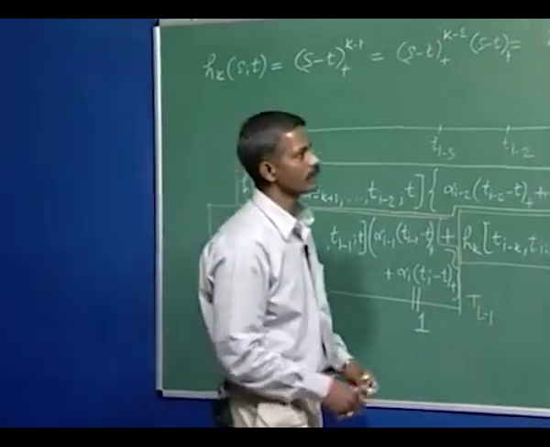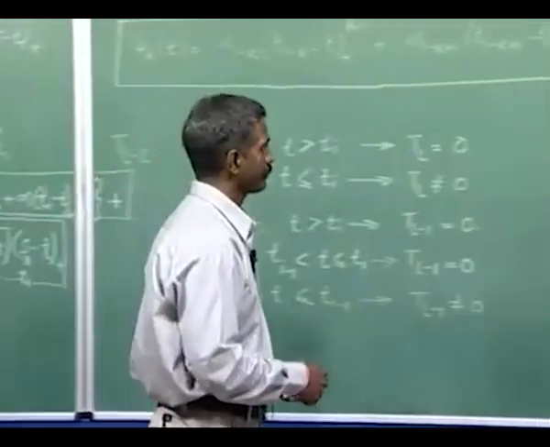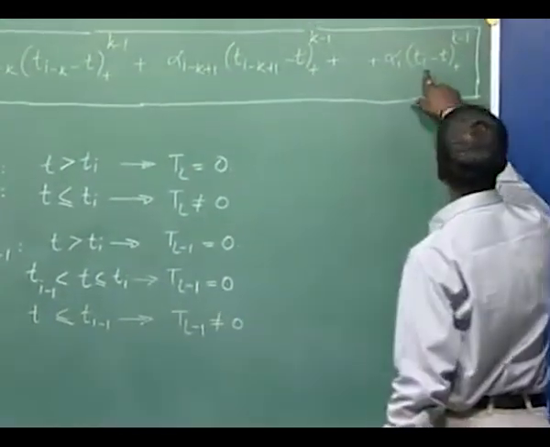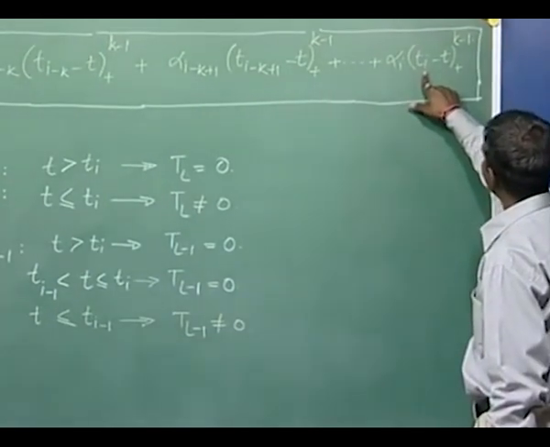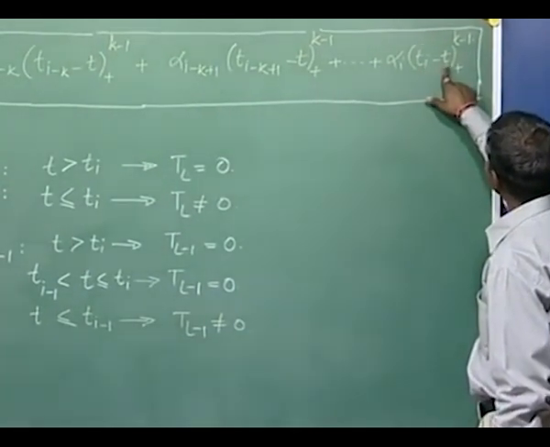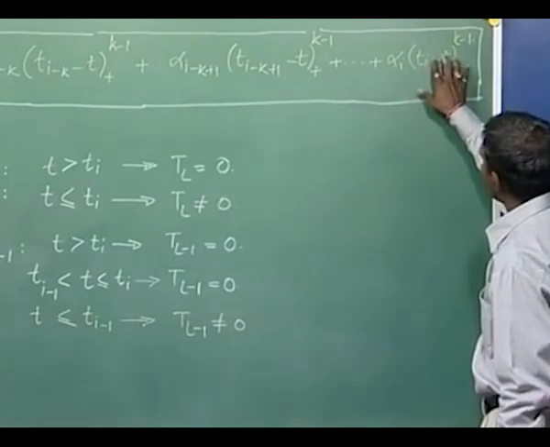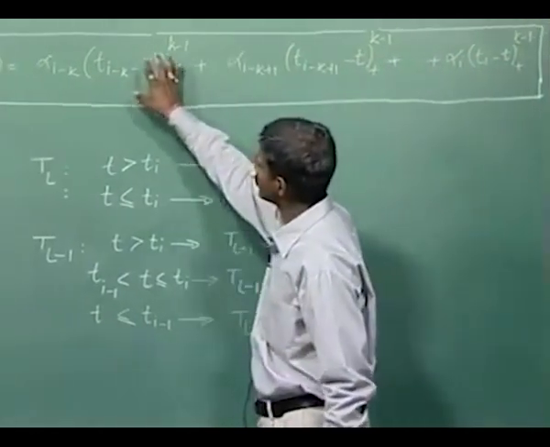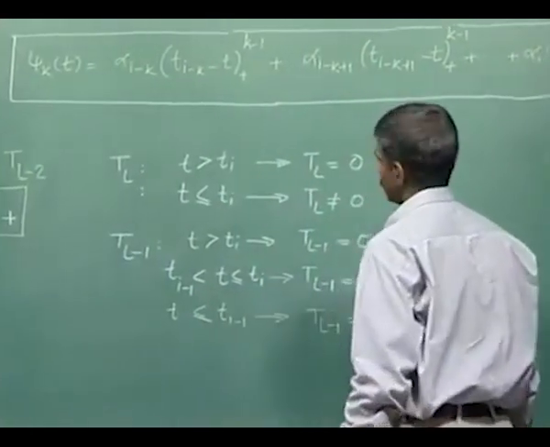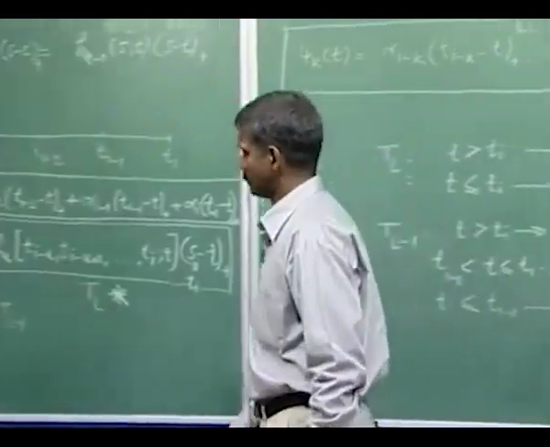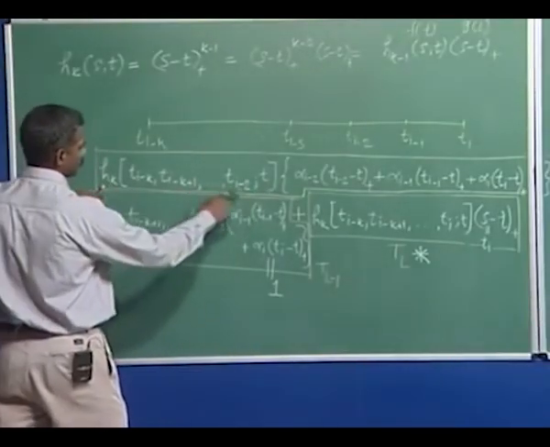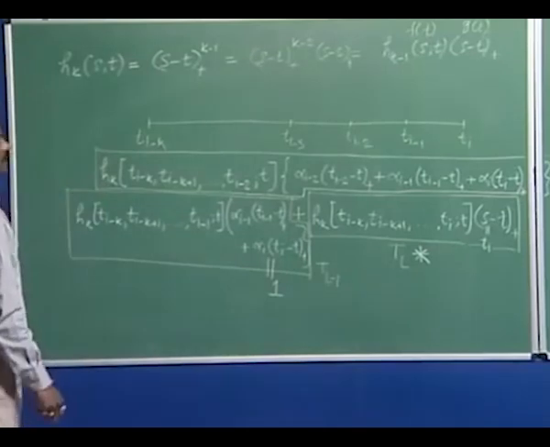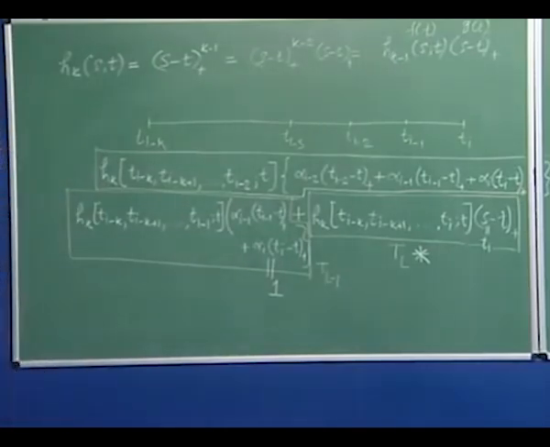If you come back over here, and instead of i, you place i minus 2, we'll see that for values of t greater than t_{i-2}, all these expressions will become 0. What would that mean? This would mean that this term here is 0 for t greater than t_{i-2}.